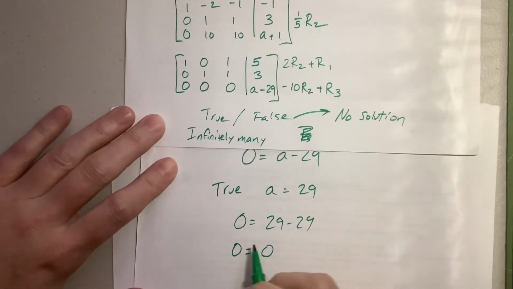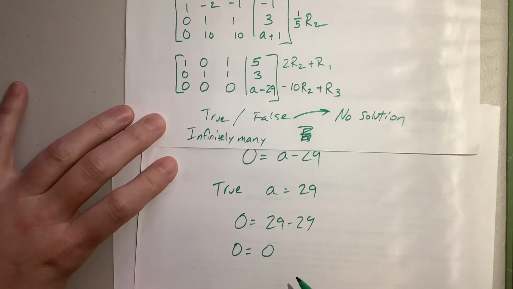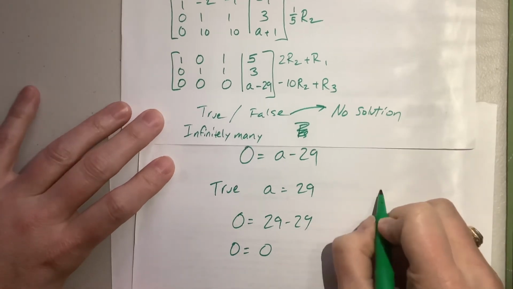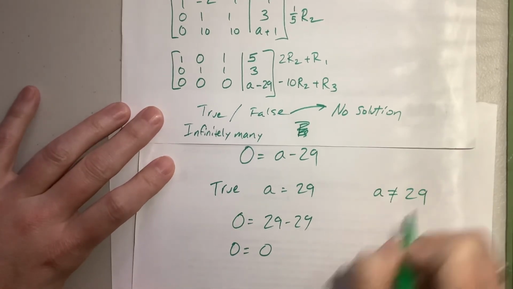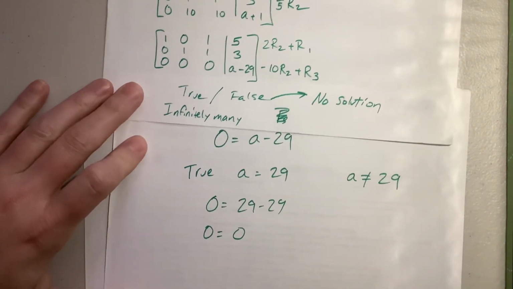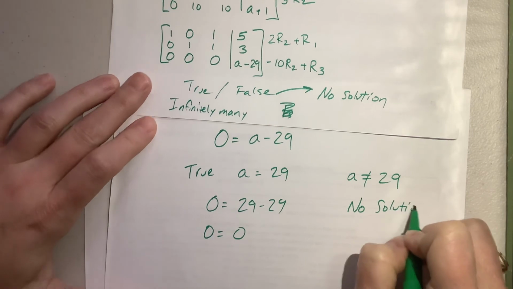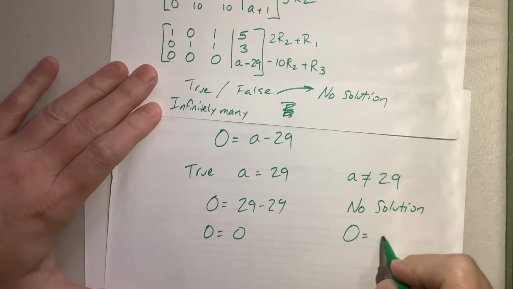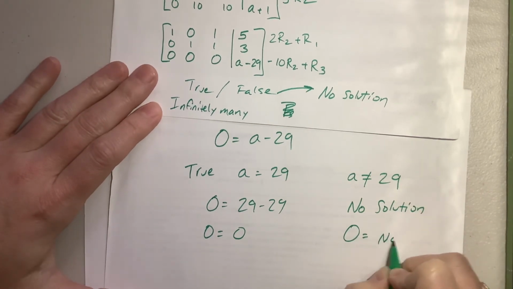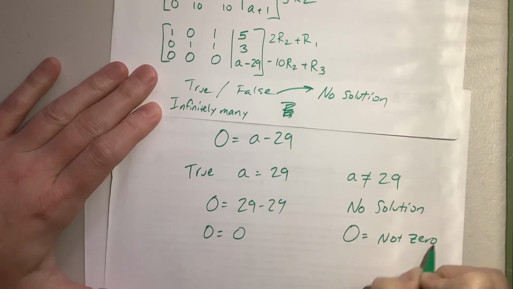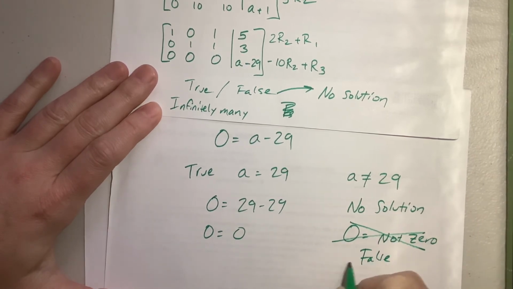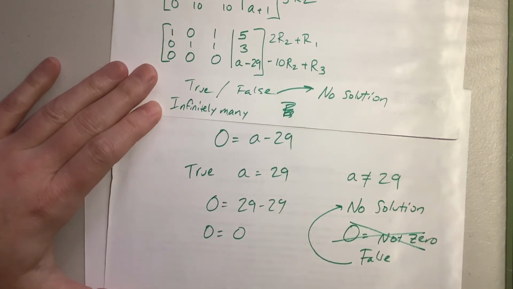So either a will be 29 or it will be anything else. If a is not equal to 29, if it could be anything else in the whole wide world, then we have no solution, because we'll have that 0 is equal to not 0. And that is a false statement, which therefore implies that there's no solution.